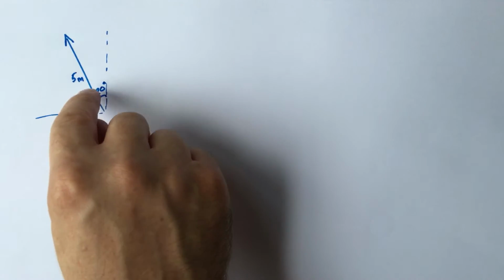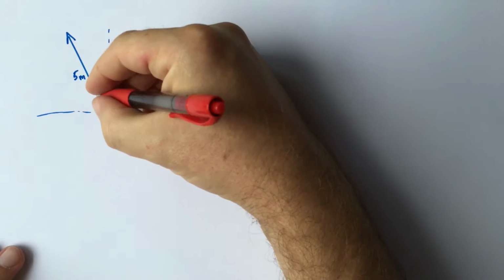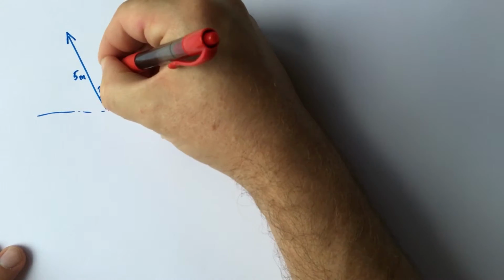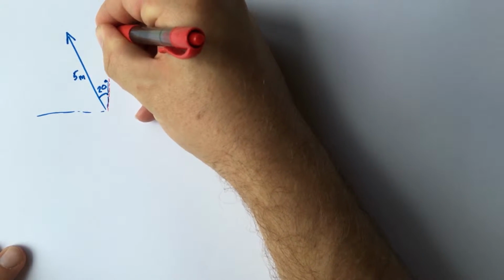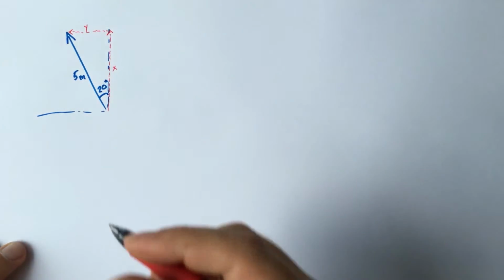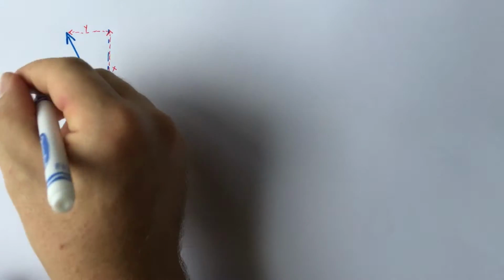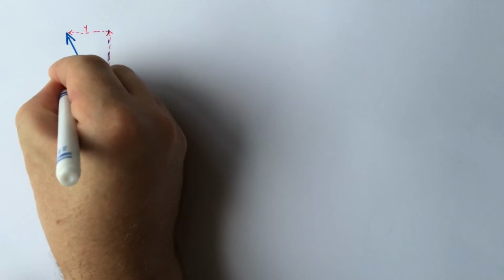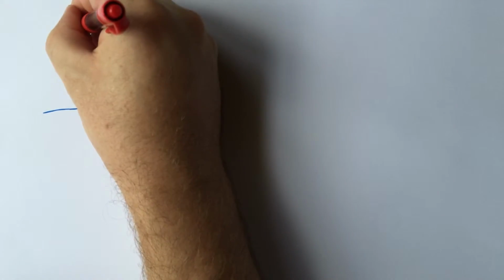If I wanted to solve this problem and find what are the x and y components of this vector, what is the component? It is up how far, and it is over to the left how far, right? So what is this x component and what is this y component? Well, let's say this vector is A, and we're going to call this A sub x and A sub y.